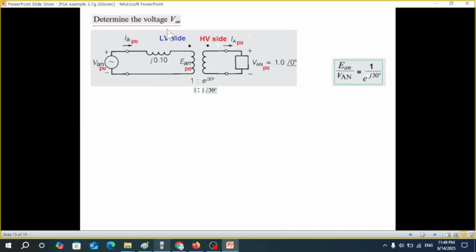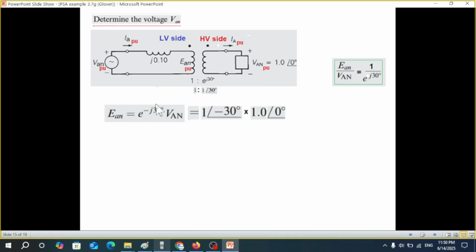Now we have to determine VAN here also. So first we start to find this voltage EAN. Now the ratio from here you can see is EAN over VAN is 1 divided by angle 30, or e^(j30). So from here we can see that EAN is VAN and this goes up, so e^(-j30) VAN.